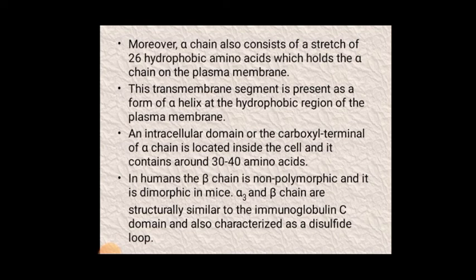The alpha 3 domain and the beta 2 microglobulin are structurally similar to the immunoglobulin C domain and are also characterized by a disulfide loop. Majorly these have a domain structure similar to that of immunoglobulin molecules. There is a non-covalent interaction between the alpha 3 domain of the alpha chain and the beta 2 microglobulin.